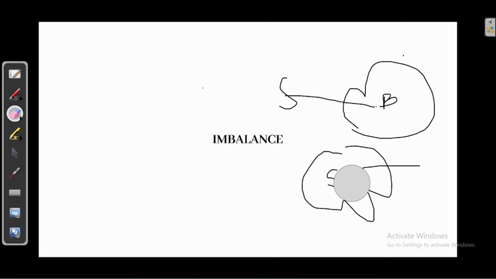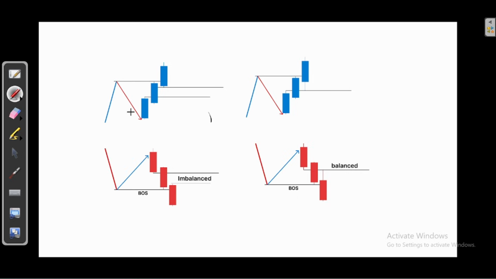Okay, see this bullish candle 1, bullish candle 2, bullish candle 3. You can see the high of candle 1 and the low of candle 3. Let me write it out. The high of the first candle and the low of the third candle are not touching each other.